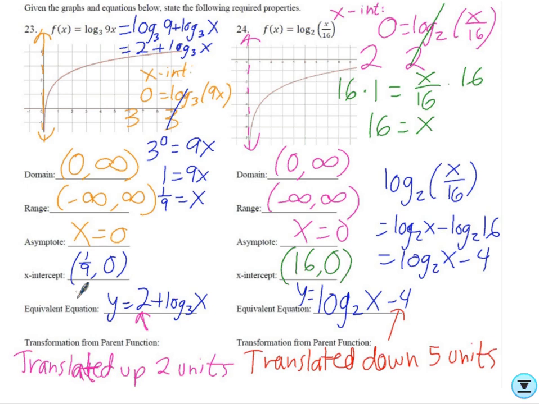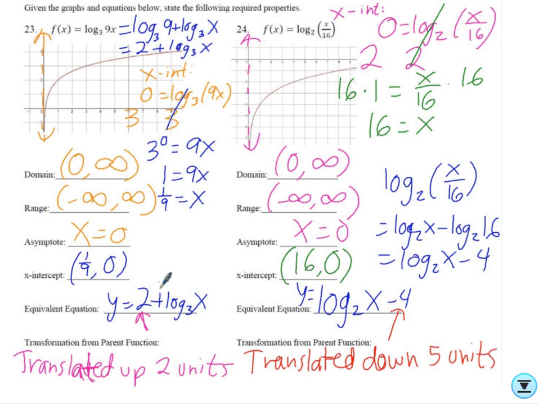And then the last question here says transformation from the parent function. So really you're going based off of the equivalent equation here. Because the parent function is log base 3 of x, the parent function is going to be the logarithm with just x as the argument, but with that same base. We're looking at how did it change, and in this case, we've added 2, which means we are going up 2 units.